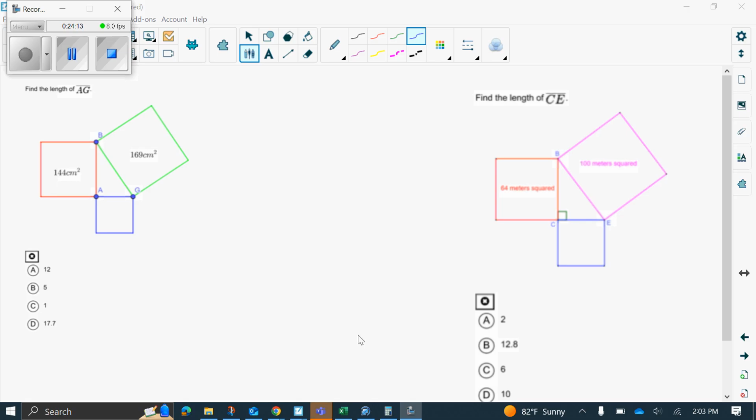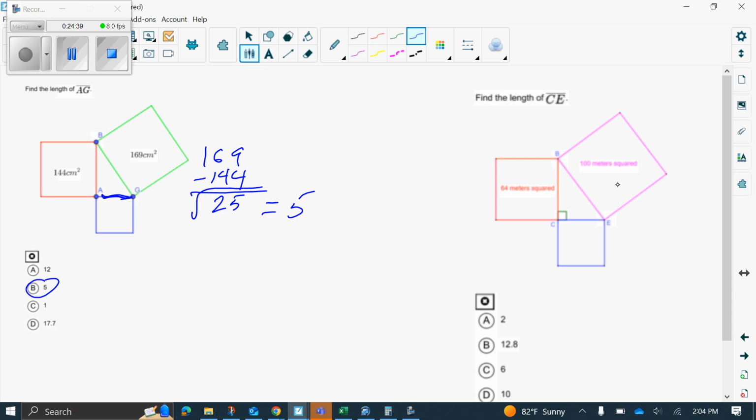They already told us the areas, and so we just got to find the length of this side. So we just have to do 169 minus 144, and then take the square root. In this case, 5.